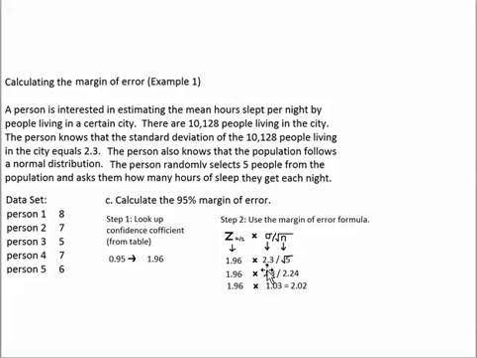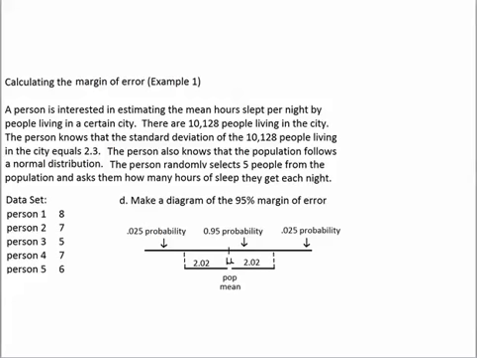If we divide 2.3 by 2.24, like I did here, I get 1.03. So the standard error comes out to 1.03 right here. Next, I just multiply this 1.96 by the 1.03, and I get the answer, the margin of error. The 95% margin of error is 2.02.